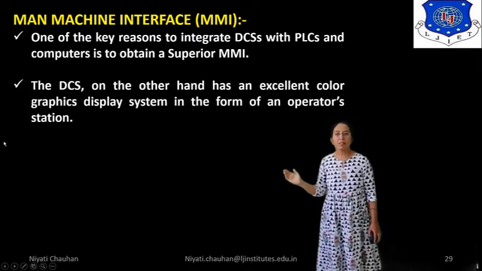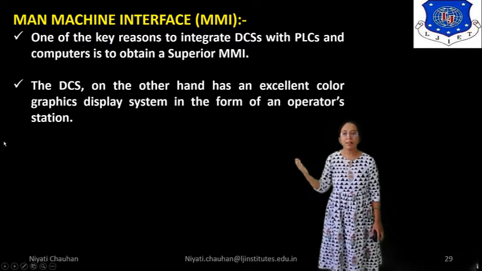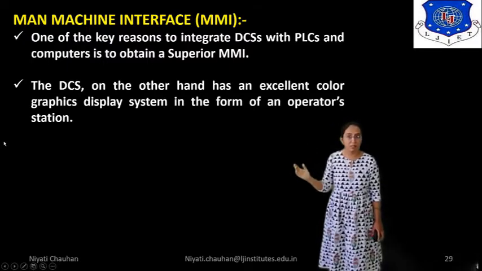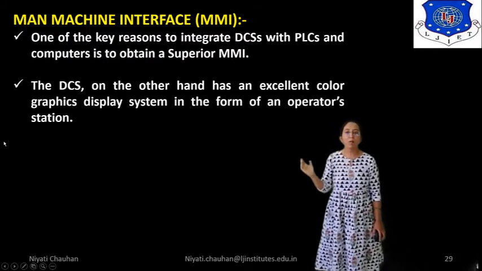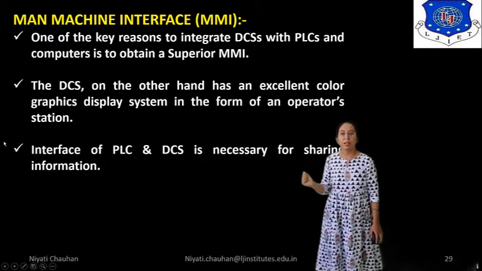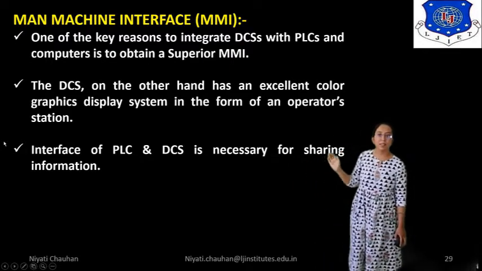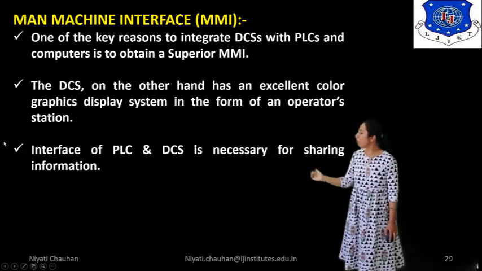The DCS, on the other hand, has an excellent color graphic display system in the form of an operator's station. Interface of PLC and DCS is necessary for sharing information.